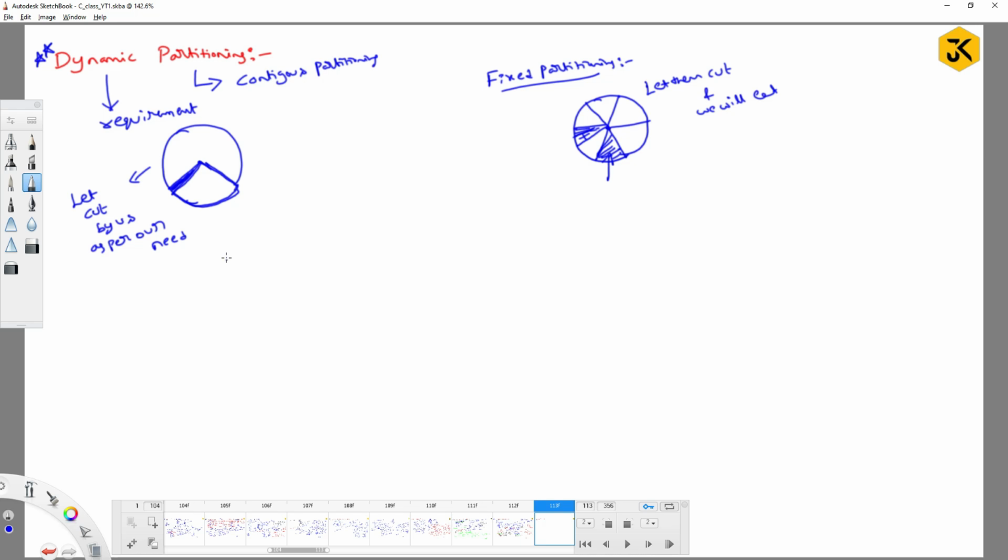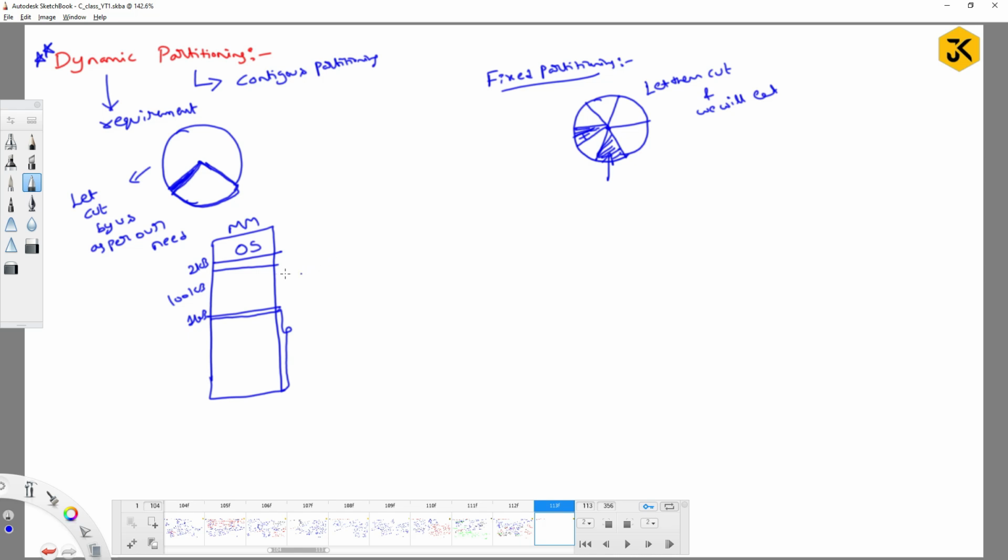Technically, if I have a main memory, the first part is generally occupied by the operating system. If I require 2 KB of memory space, then I can cut. If I require 100 KB, then I can cut that from the free memory. Out of the remaining, if a process requests 1 KB, I can cut. As per the need, I can cut. That is what we call a dynamic partition.